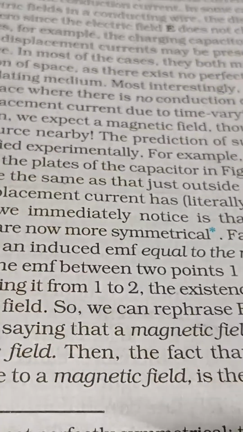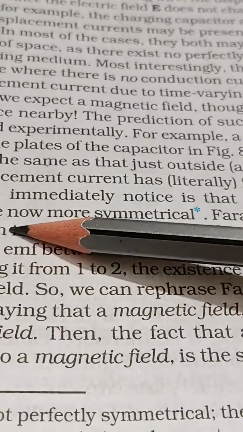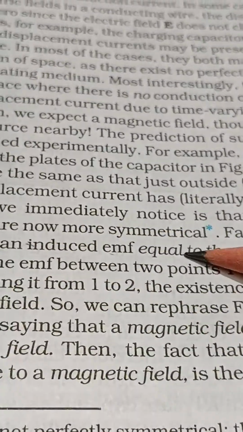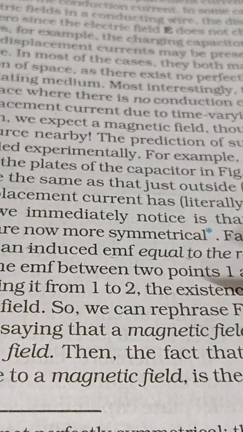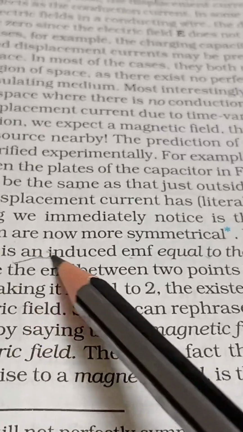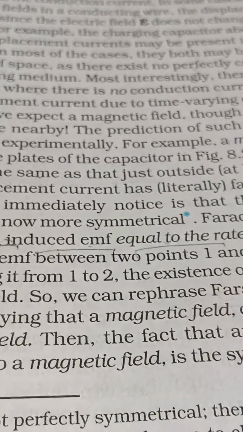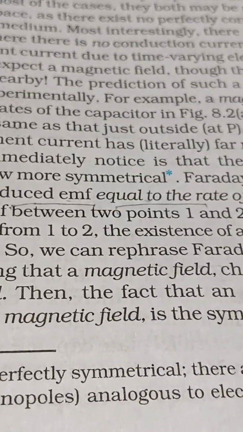One thing we immediately notice is that the laws of electricity and magnetism are now more symmetrical. Faraday's law of induction states that there is an induced EMF equal to the rate of change of magnetic flux.